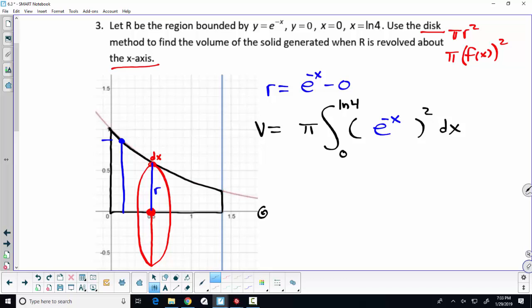Are y'all okay with the setup? How did you get natural log of 4 for the top? Because the curve e to the negative x is bounded by x equals 0, y equals 0, and natural log of 4. So it's just given to us.